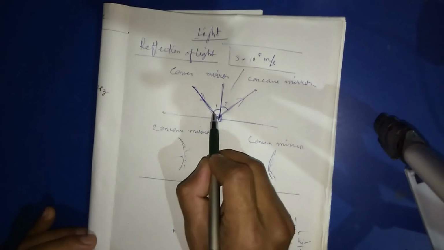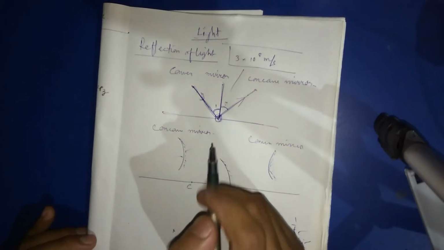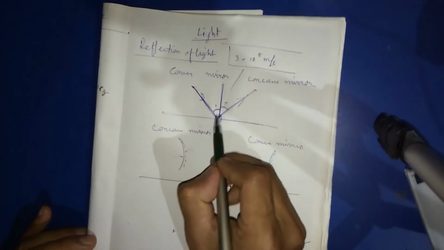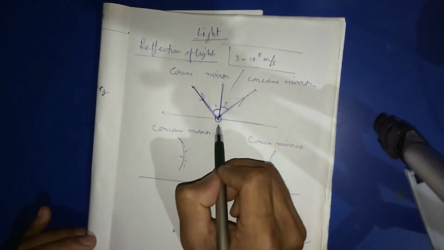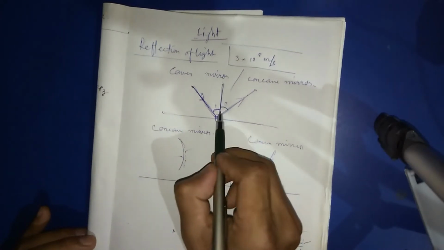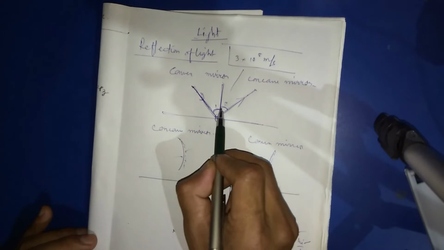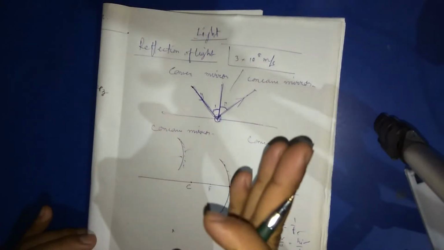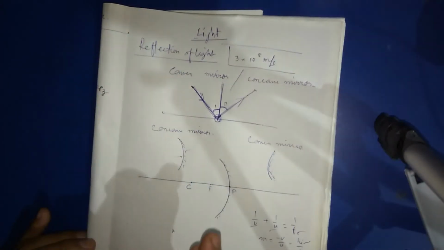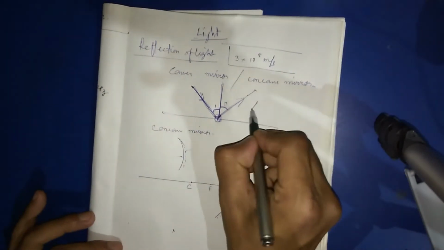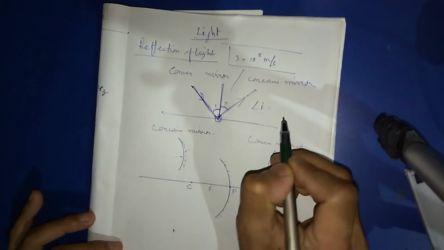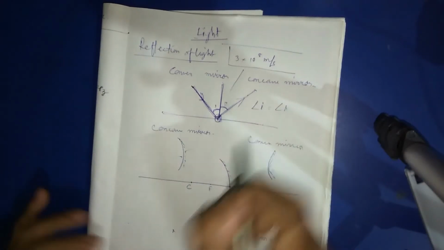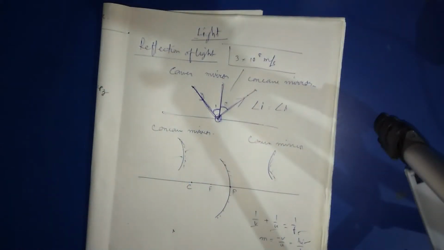Suppose angle i is the angle made by the incident ray with the normal line, and r is the angle made by the reflected ray with the normal. Then the angle of incidence, angle i, will be equal to angle r. That is the second law of reflection of light, which we also call Snell's law.